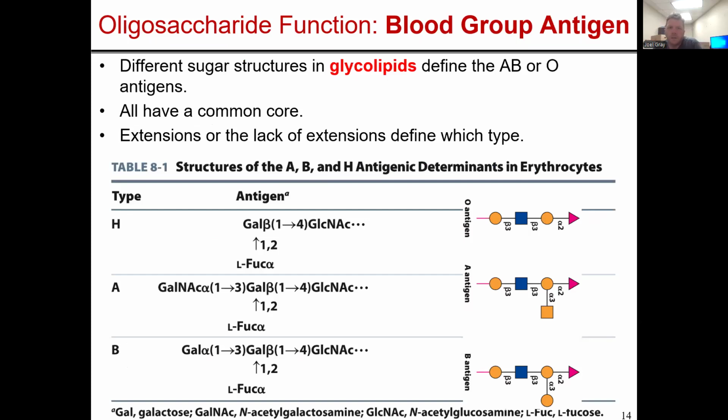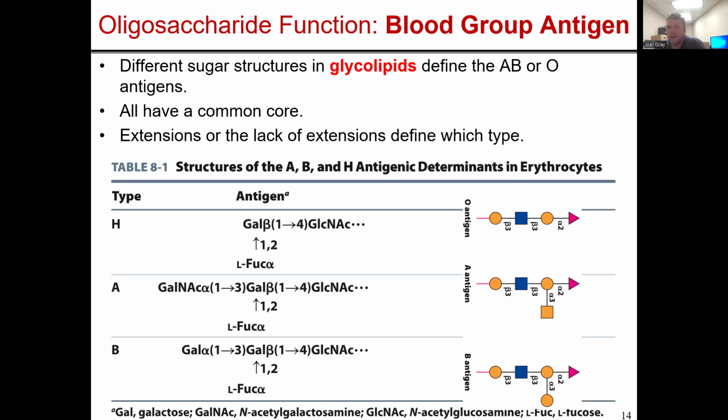Now, there are different sugar structures found in glycolipids, and these are also produced and displayed on the surface of a cell. And these are helpful for discerning different blood types from one another.